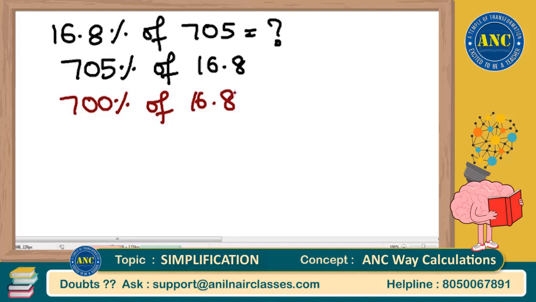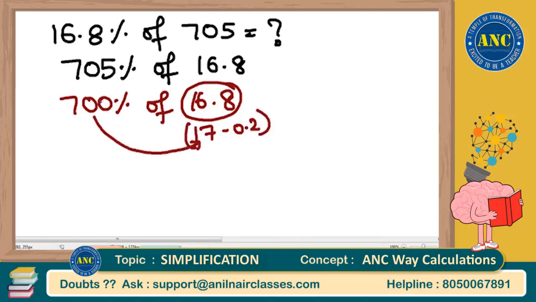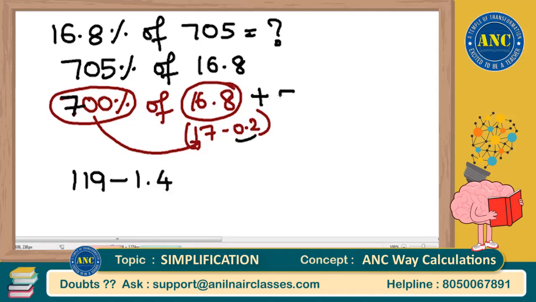Now see here, 700 percentage of 16.8 is not a good looking number. Make it as 17 minus 0.2. 700 percentage of 17, 700 percentage is nothing but 7. 7 into 17 is 119 minus 7 into 0.2 is 1.4, and 5 percentage of 16.8: 10 percentage is 1.68, 5 percentage is 0.84.